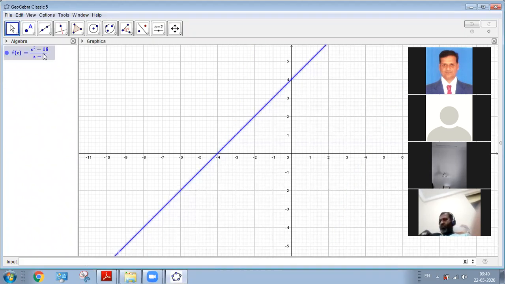If you simplify this, it gives you the equation of a straight line like this. Now, we are going to find the limit of this function when x tends to 4. Capital L, Limit, f of x, comma 4. So when x tends to 4, the value of the function is 8.